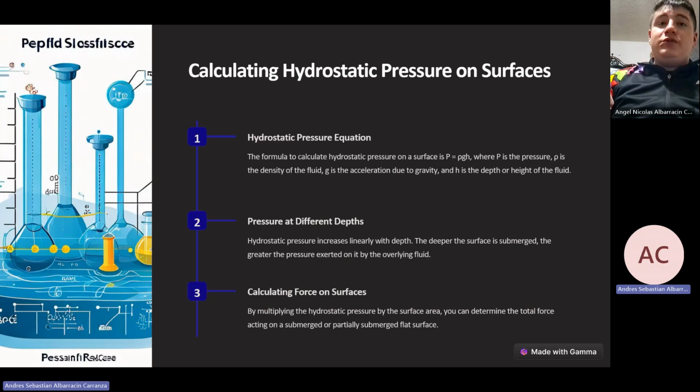The hydrostatic pressure increases linearly with depth, like I mentioned, and the deeper we are, the more pressure we get. We have also calculated force on a surface by multiplying the hydrostatic pressure by the surface area. You can determine the total force acting on a completely or partially submerged flat surface.